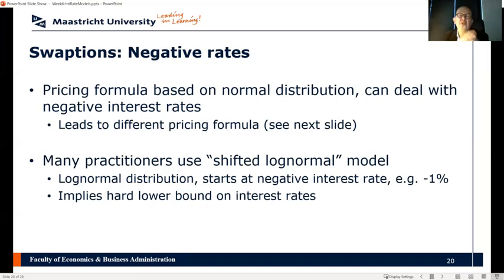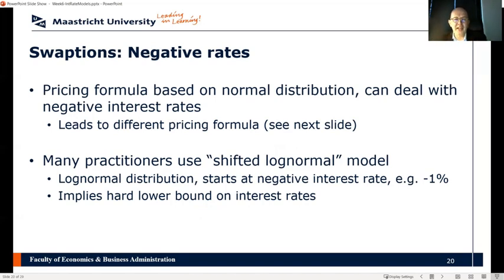The normal distribution is mathematically convenient to work with, but it says interest rates can cover the whole real line, from plus 50% to minus 50%. And basically everybody agrees that interest rates can go a bit negative, but they cannot really become unbounded negative.